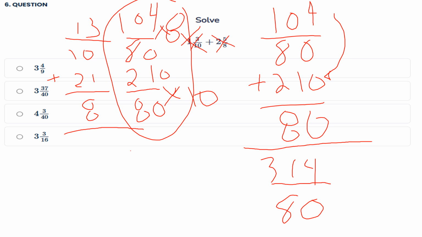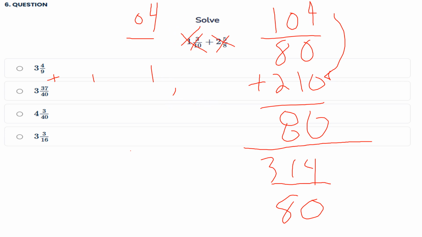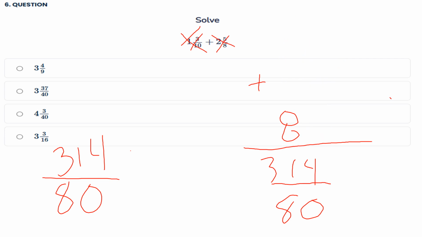All right, so I'm going to go ahead and erase this over here. Now I'm going to take my 314. I need to simplify 314, and I need to find out what number can go into each one of the numbers, the numerator and the denominator, evenly.